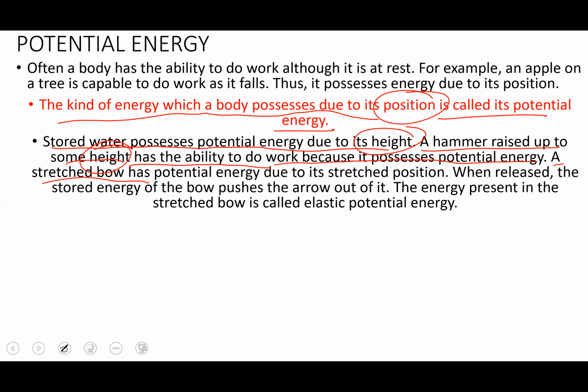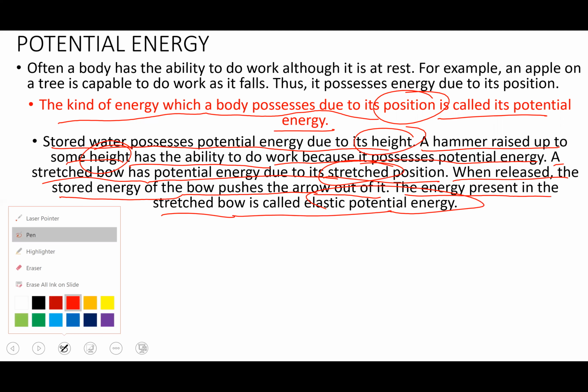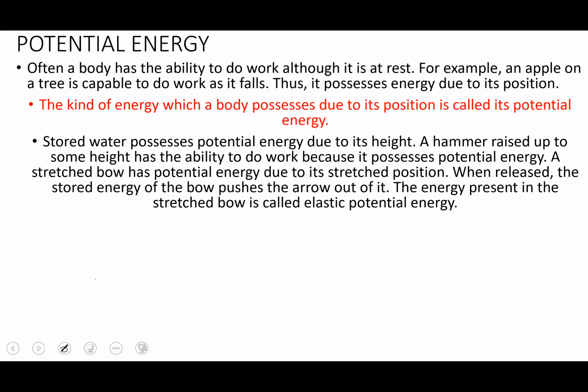A stretched bow has potential energy due to its stretched, or you can say extended, position. When it is released, the stored energy of the bow pushes the arrow out of it. The energy present in the stretched bow is elastic potential energy. Now, in all of these cases, it has some potential due to its position.